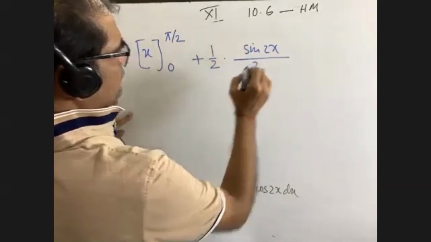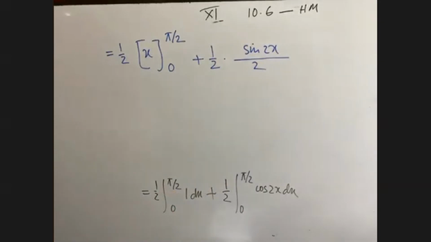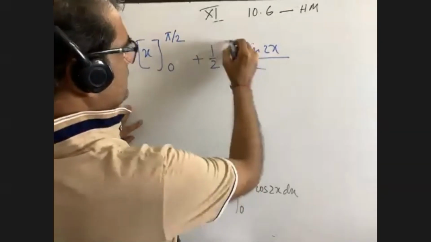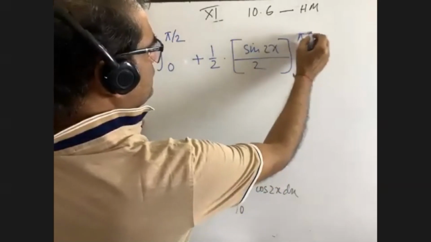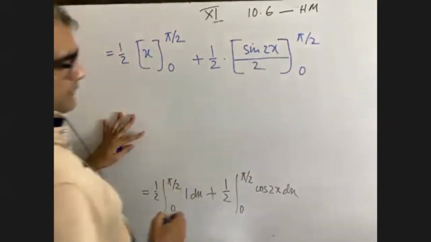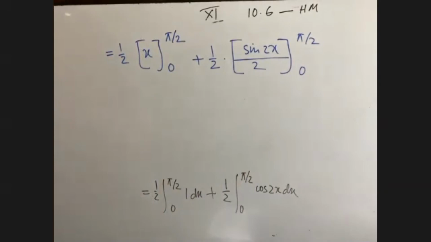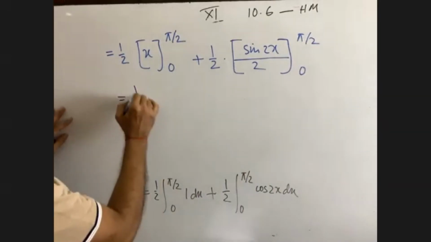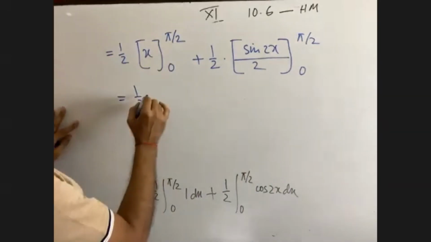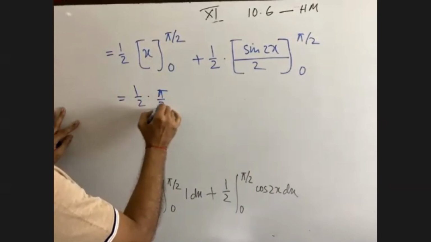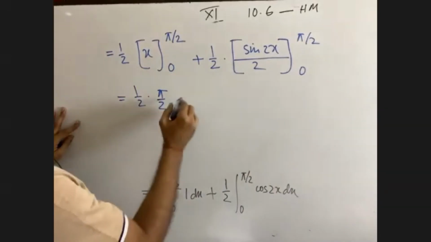Sin 2x by 2, right? From 0 to pi by 2. So we are getting here actually half, this is only pi by 2, with 0 it is 0.